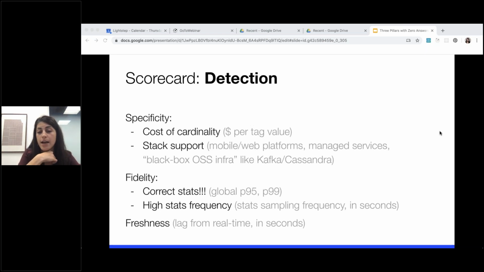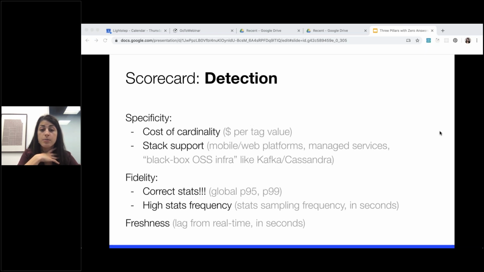A lot of people make it out to be that cardinality is too expensive to pay for, and I don't think that's true. I think we should pay for cardinality at some level, but we just need to understand how much it's going to cost because it can get out of hand really quickly. The second piece here under specificity is stack support.